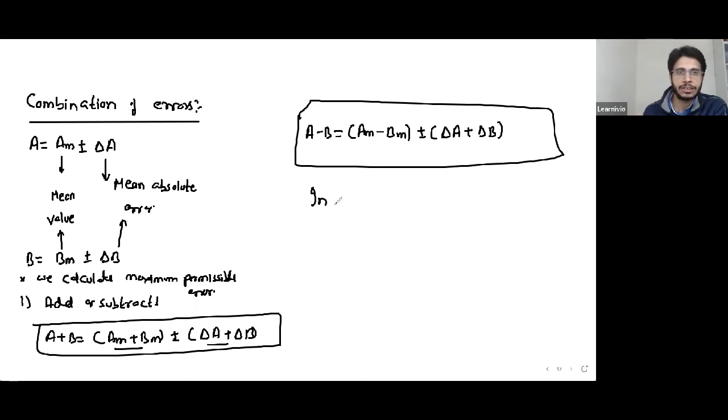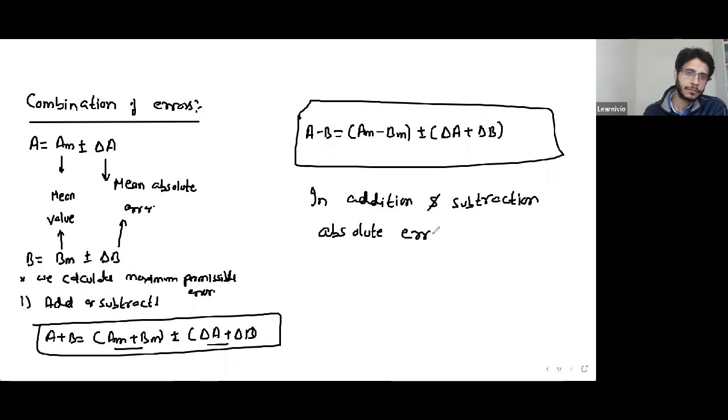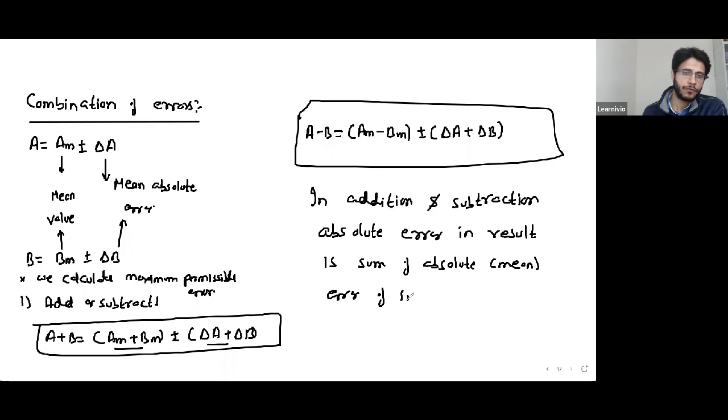So in addition and subtraction, the absolute error in the result is the sum of the absolute errors of individual quantities.